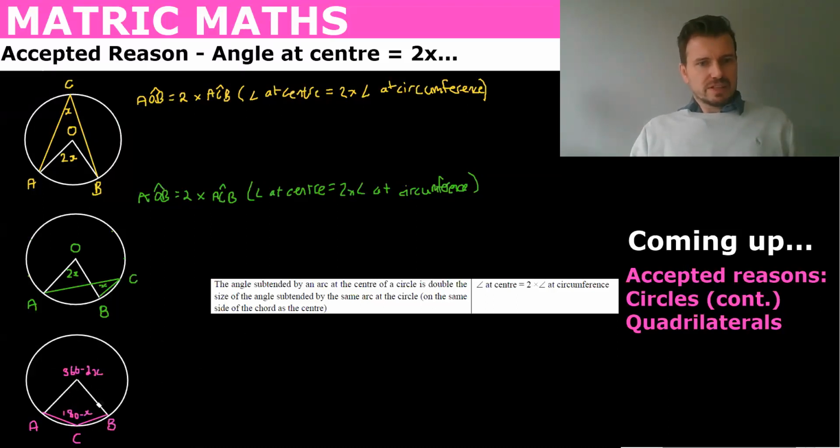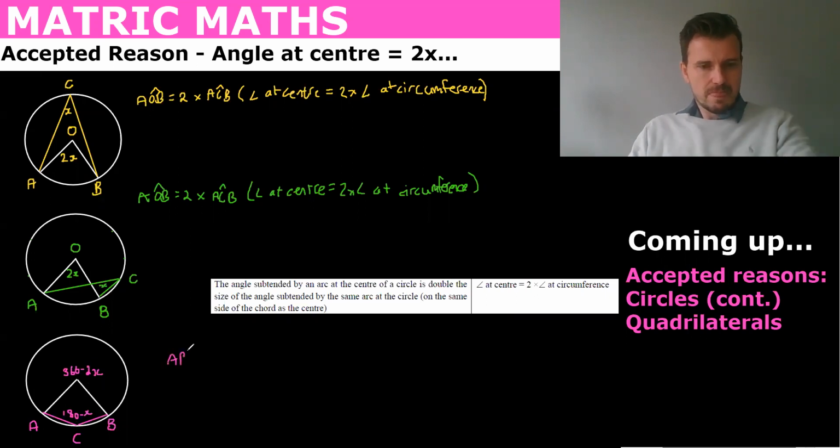It's the reflex angle, and our reason is going to be the same thing. So our reflex angle is twice the angle at circumference, but we're looking at the one on this side, not on the outside.